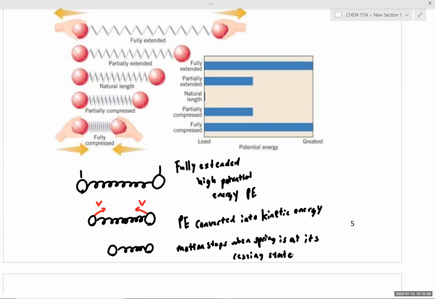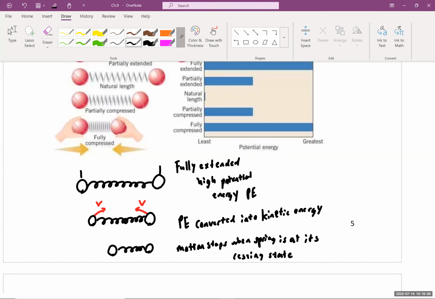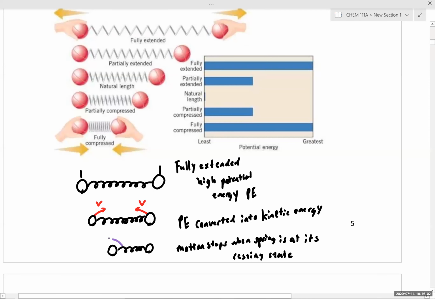Where did that kinetic energy go? If we're being fully accurate, some kinetic energy is lost as heat. Unfortunately, we're not in a vacuum, so things aren't perfectly frictionless. We lose a little bit of energy to heat exchange and friction. Well, not lose, but energy is converted into heat.